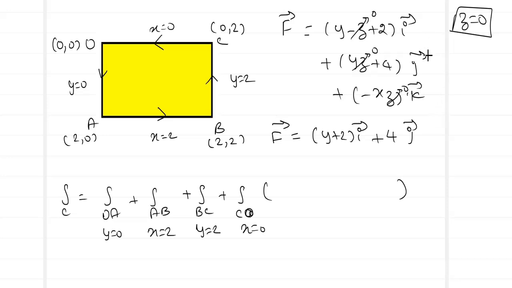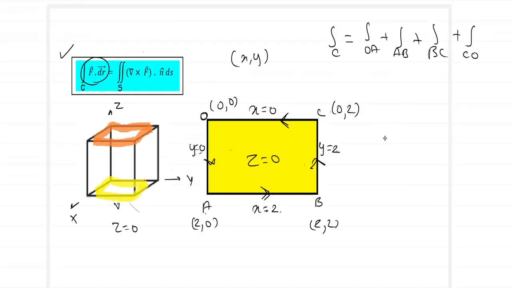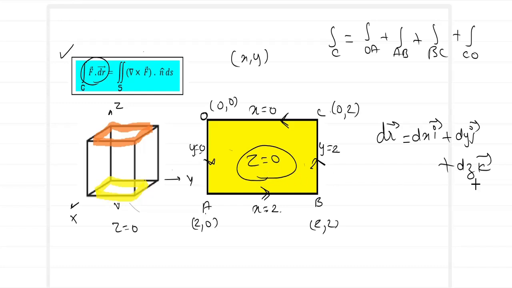So I'll have to take the dot product with what? Dr vector. What is my dr vector? My dr vector is dx i plus dy j plus dz k. Now, what do we know over here? This is z equal to 0 plane. So, what will be dz? Z equal to 0 means dz is also 0. So, this will not at all exist. So, what will we be left with?